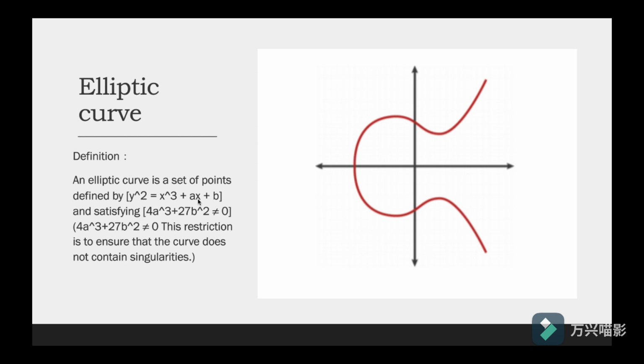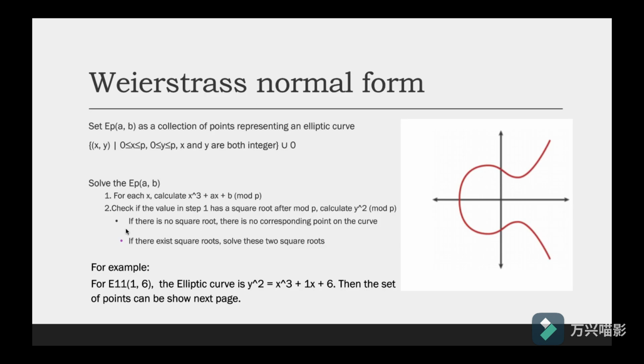This equation also has a name, called the Weierstrass normal form. The set of A and B has a collection of points representing an elliptic curve. We need to solve for A and B. How do we solve it? For each x, we calculate x cubed plus ax plus b mod p.